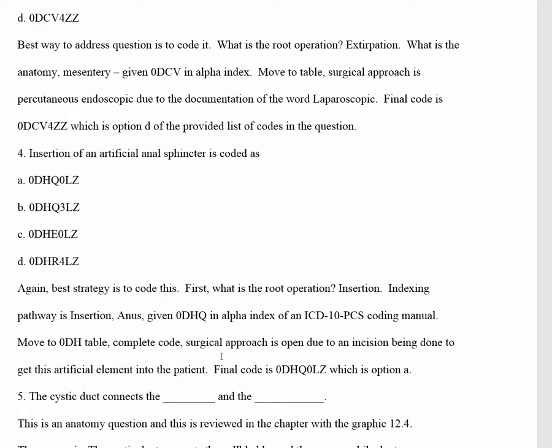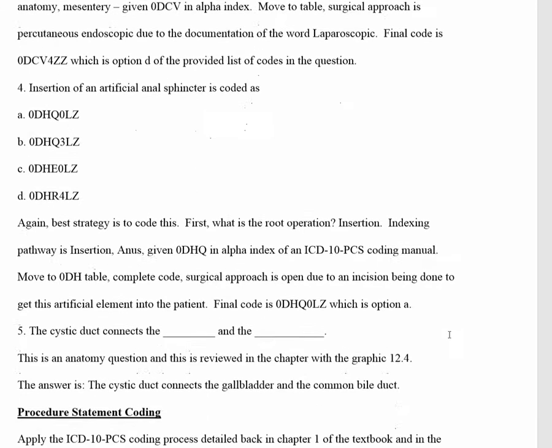You have to then choose your surgical approach, which is going to be open because they have to make an incision to get this device into the patient's anal area. So the final code is 0DHQ0LZ, which in this case relates to option A of the 4 that we were given.